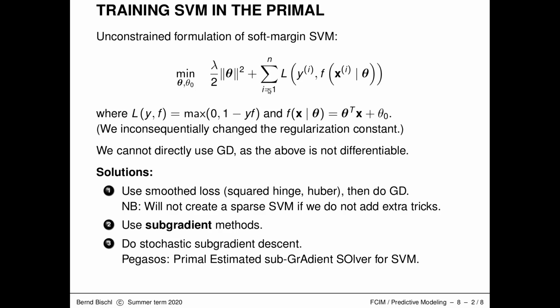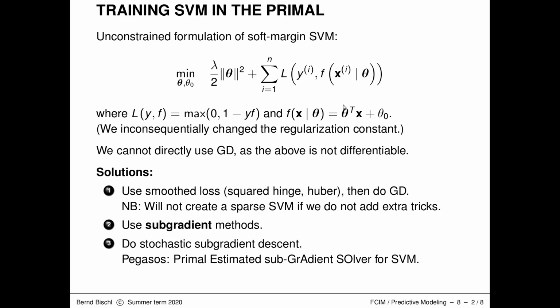And the other thing is this form is actually what we have used before to write down our regularized risk minimization. So we usually put the control constant before the regularizer and not before the loss term. Anyway, our f is simply our linear scoring model, which looks like this.